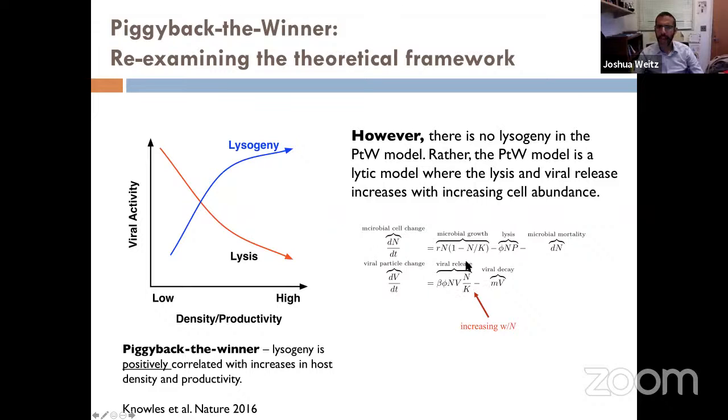Instead, what they had is that the viral efficiency, so here you have lysis, and the viral efficiency scaled with N over K. So even though the idea is that lysis activity goes down, in fact, their model has it going up. So here you can see this is a standard model, but it goes the other way.